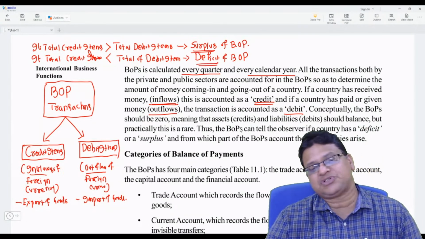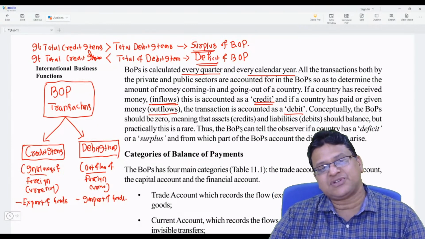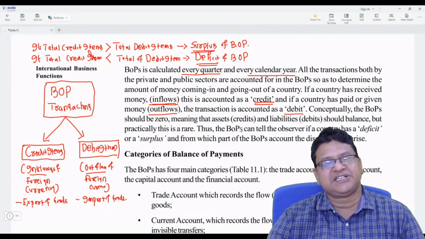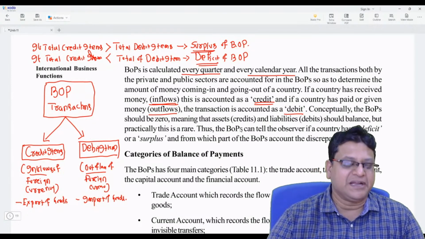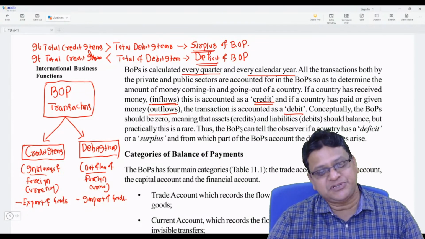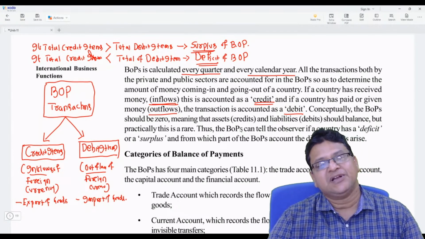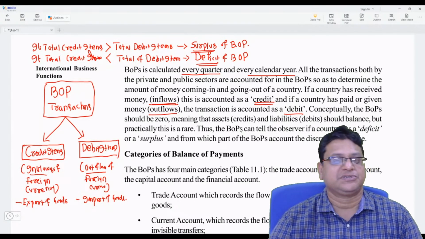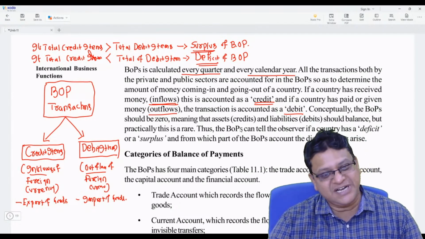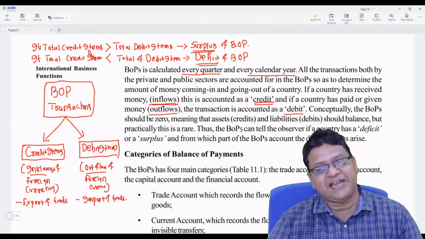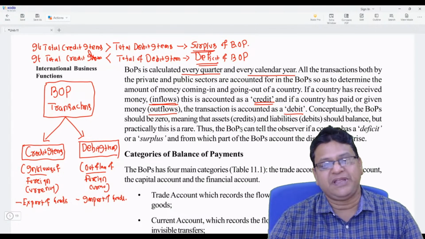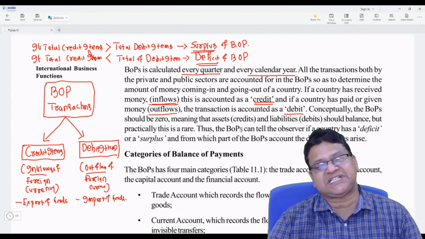BOP surplus occurs when credit items are greater than debit items. Suppose credit items are 100 and debit items are 80. So there will be a 20 BOP surplus. Suppose credit items are 100, debit items are 110. In that case, there will be a 10 BOP deficit.